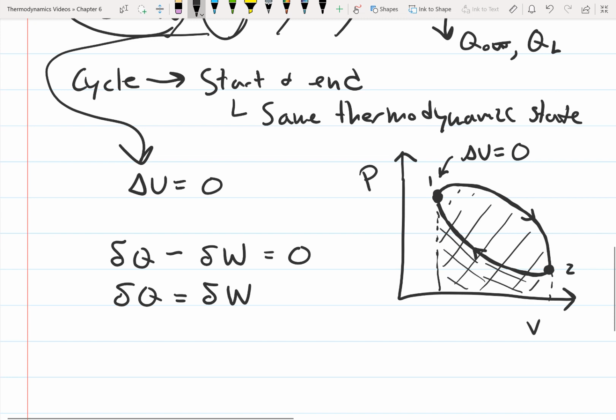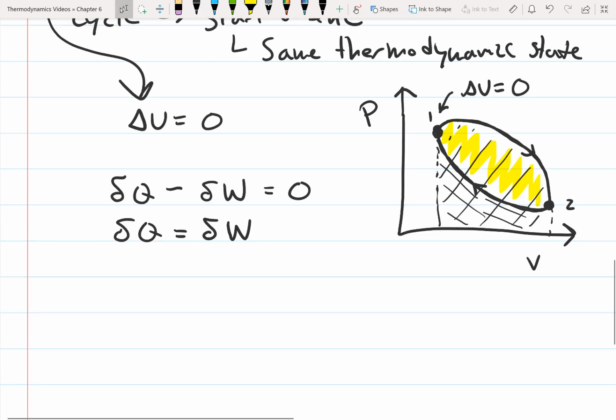So if we subtract those, our total work is everything in here. So this is our total work. The total work and heat won't be 0 for a cyclic device because they're path functions and not state functions. Basically, we have that delta Q is equal to delta W, and we're trying to figure out what the work is.